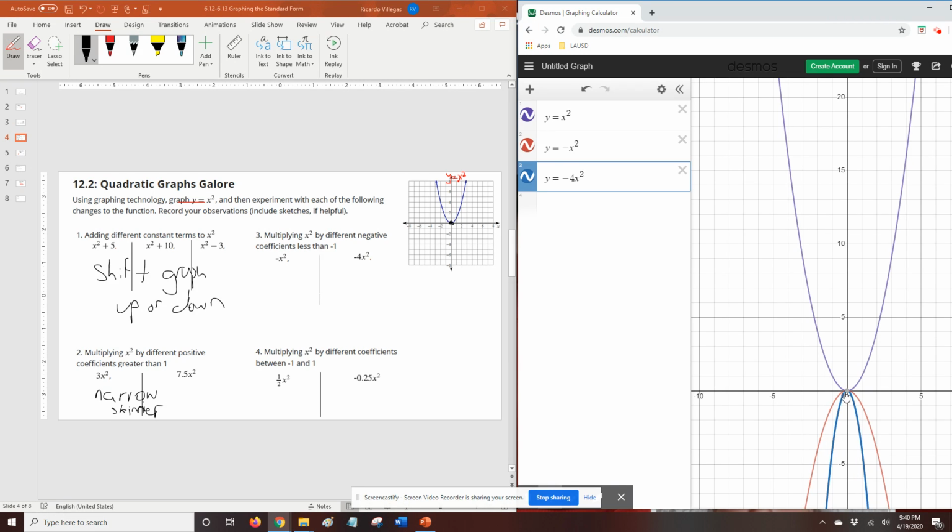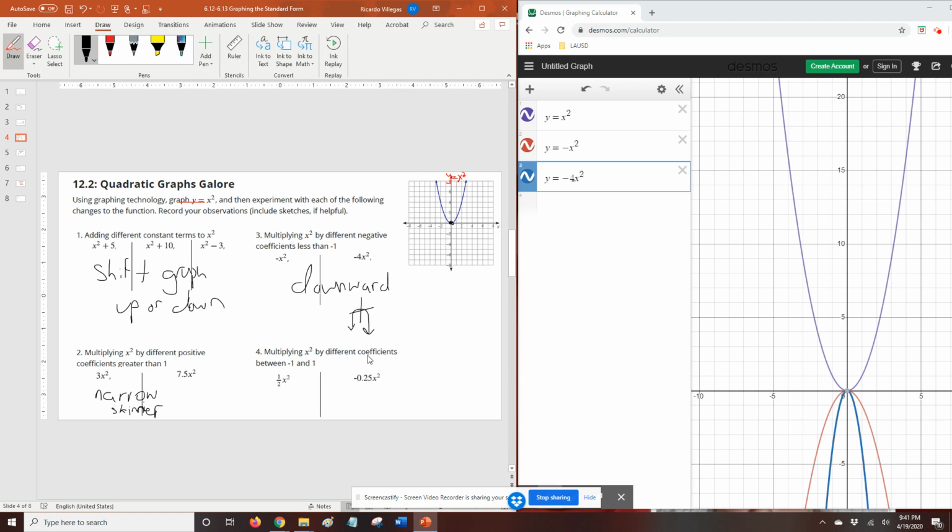So in this case, if I multiply by a number that's a negative coefficient, the graph is going to go downward. In other words, it's facing down like that. All right. And now, this is almost kind of the opposite of number 2. Question number 4 says multiplying the x squared by different coefficients between -1 and 1.